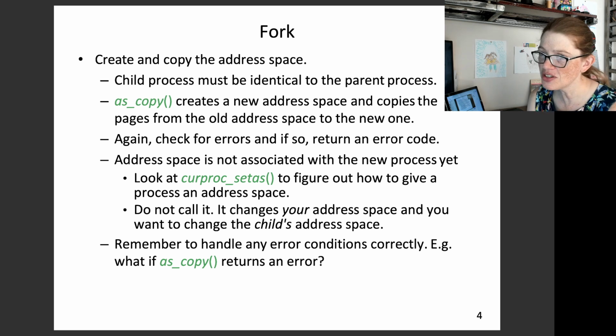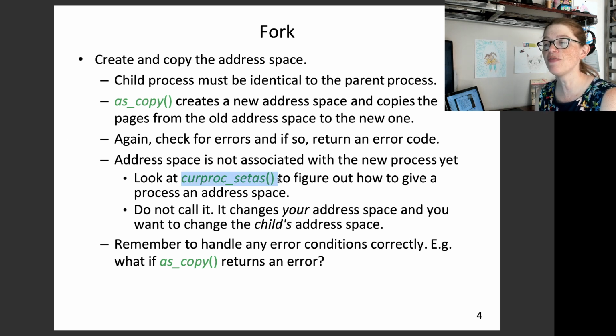This is not what you want to do for this function, but if you look at curproc_setas, it will actually show you how to safely attach an address space. And you should mimic the code here in your own implementation to attach the address space to the child process. But don't actually call this one because you don't want to change the parent's address space. You're setting the child's address space.